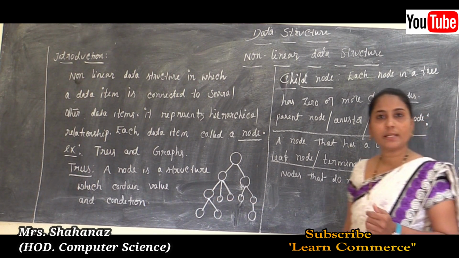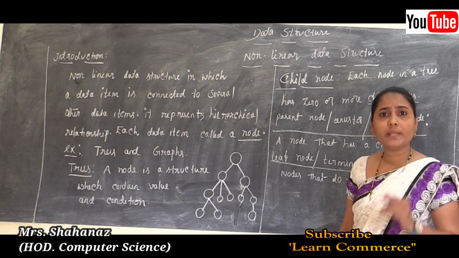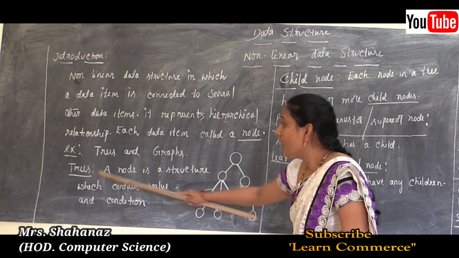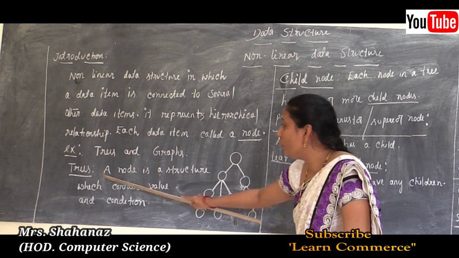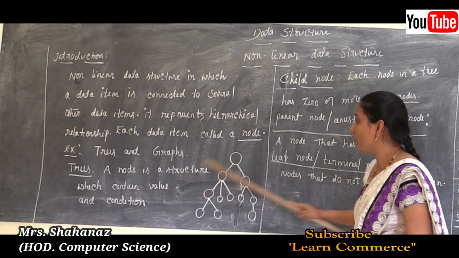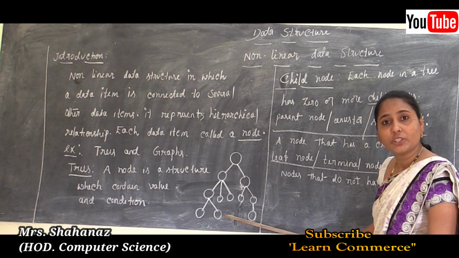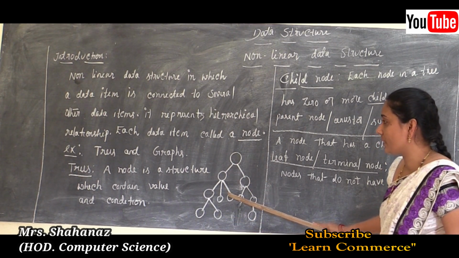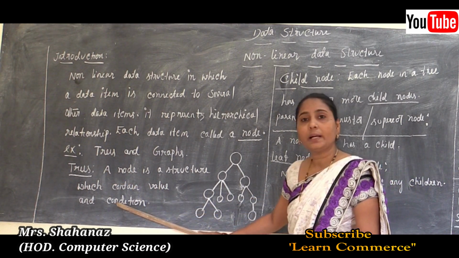Because we already said each data item is called a node, a tree consists of nodes, and a node is a structure, because it is one type of structure. Each node contains a value and a condition.